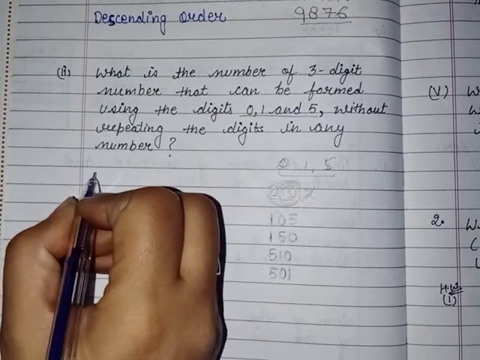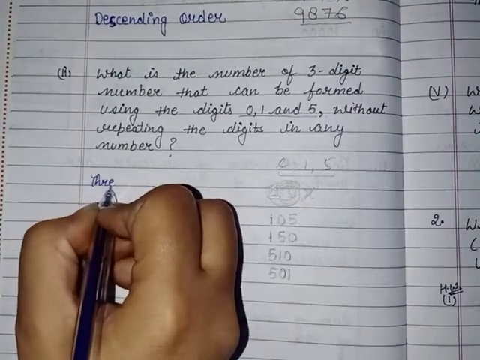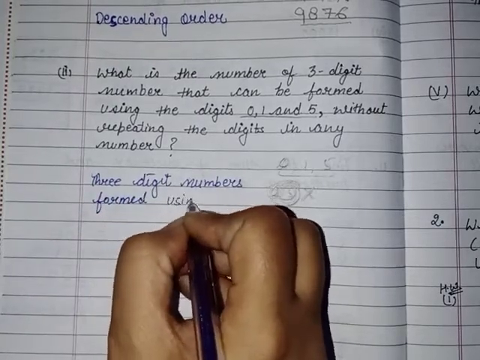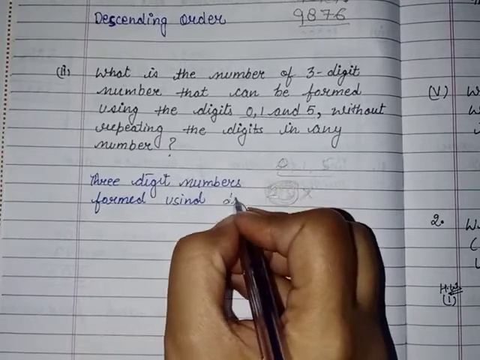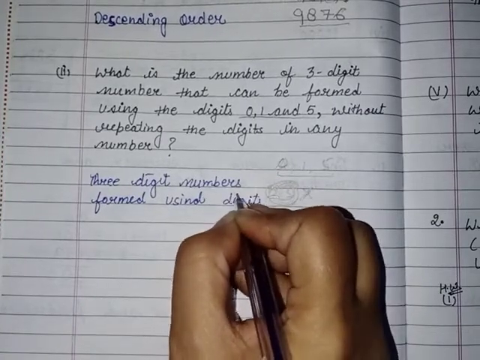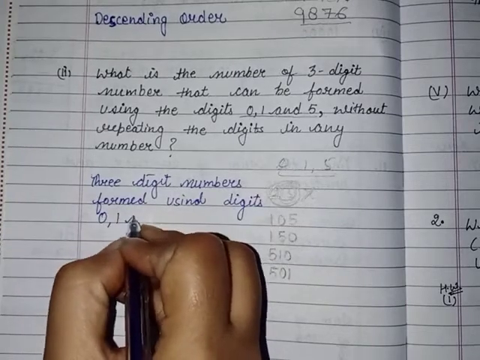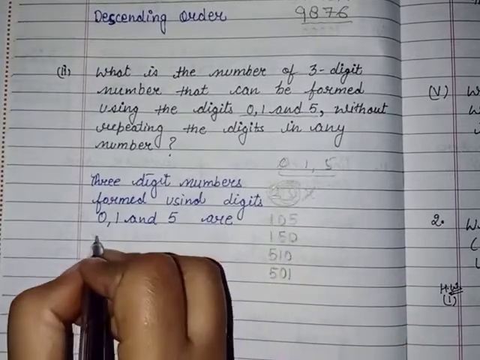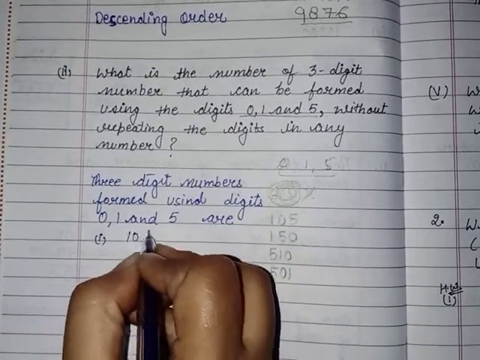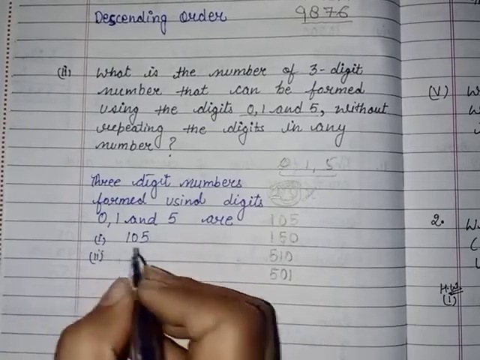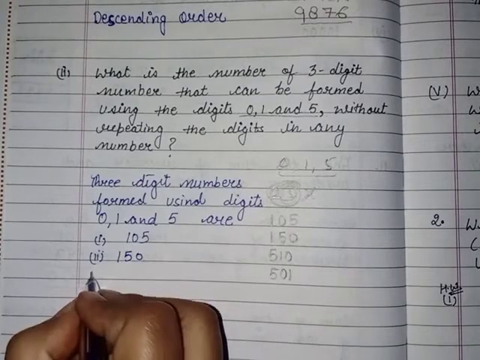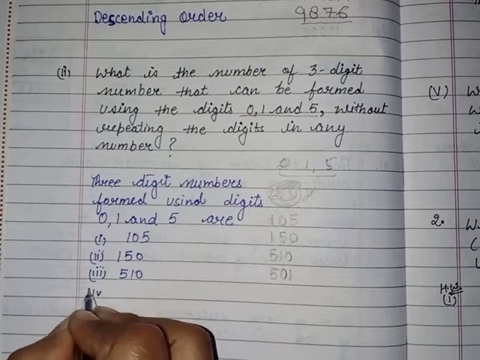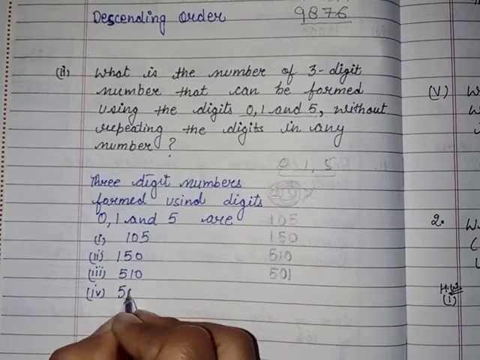So the three-digit numbers formed using digits 0, 1 and 5 are 105, 150, 510 and 501.